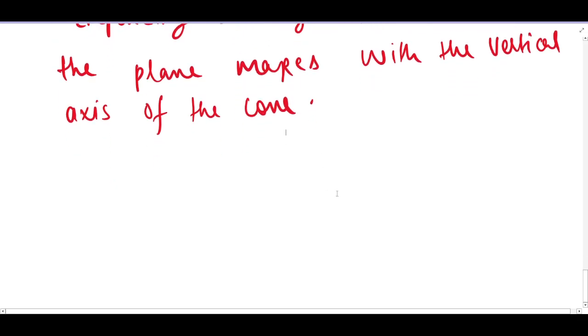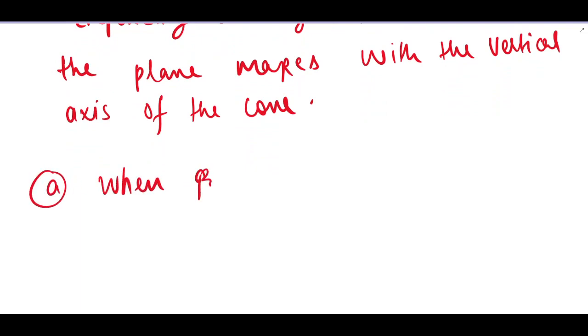So first is when beta is 90 degrees, then we get the section as a circle.